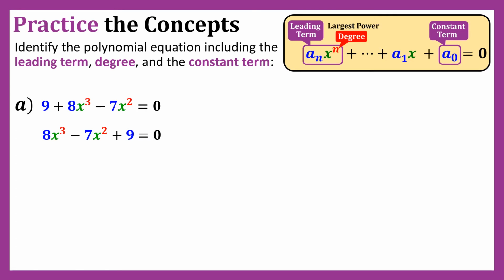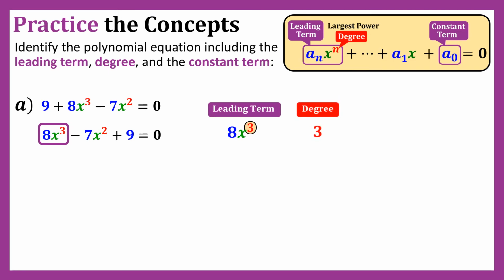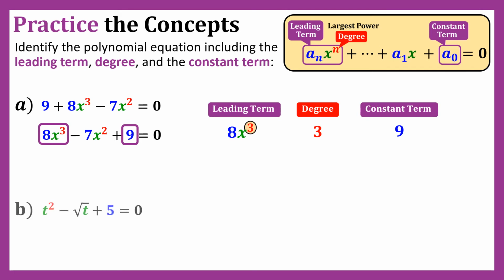Now we have 8 times x cubed minus 7 times x squared plus 9 equals 0. Notice that the leading term is 8 times x cubed. Since the exponent of the leading term is the degree of the polynomial, we have that the degree of the polynomial is 3. Finally, the constant number 9 is the constant term of the polynomial equation.